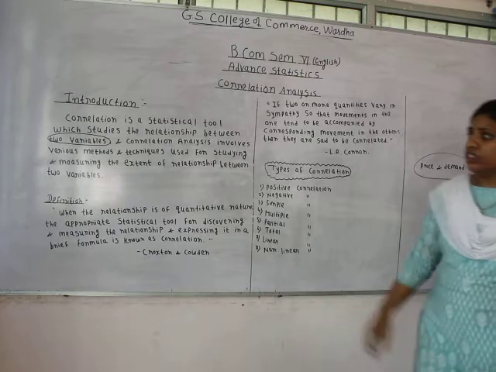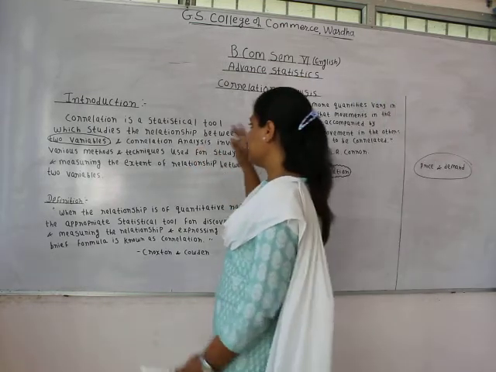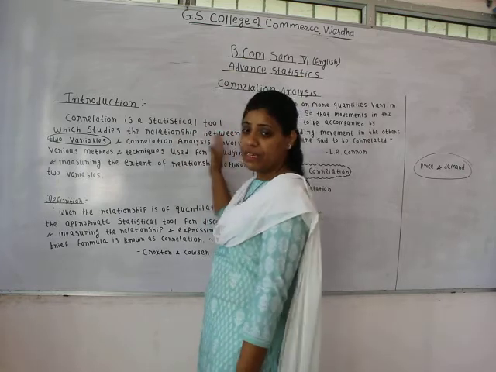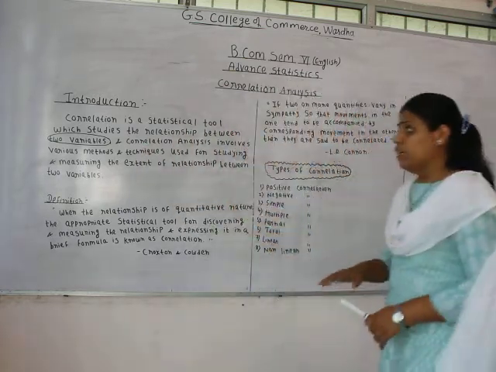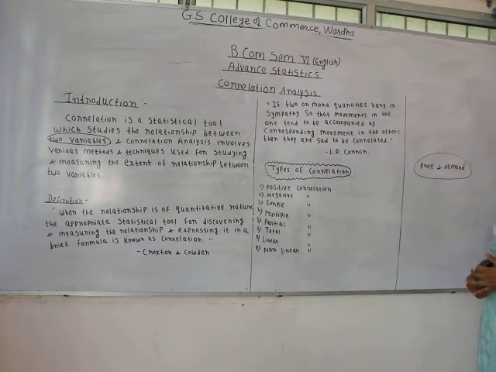So correlation is a statistical tool which studies the relationship between two variables, like the relationship between price and demand.